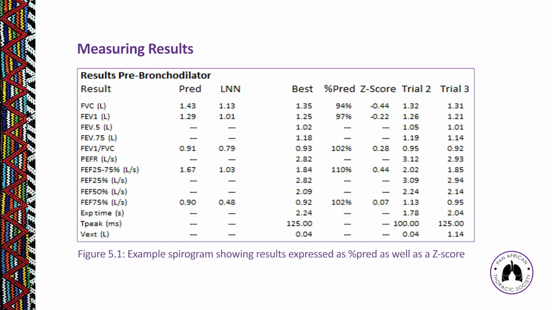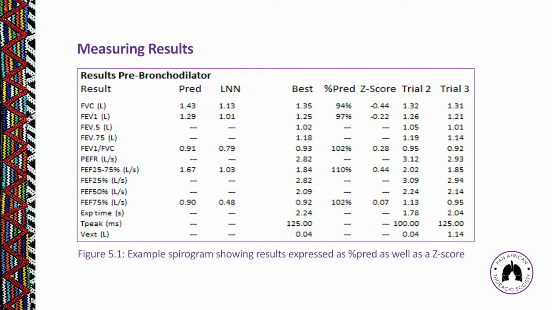And this patient had a Z-score of minus 0.44. In the same way, if you were using percentage of predicted to interpret the result, the predicted value is 1.43. The best the patient did was 1.35, and this actual measurement of 1.35 liters is 94% of what is predicted.